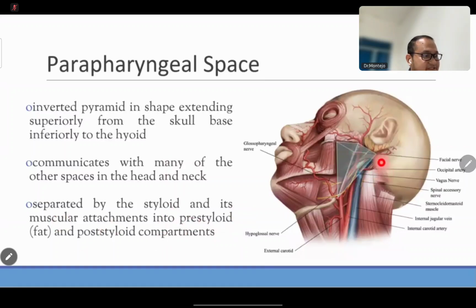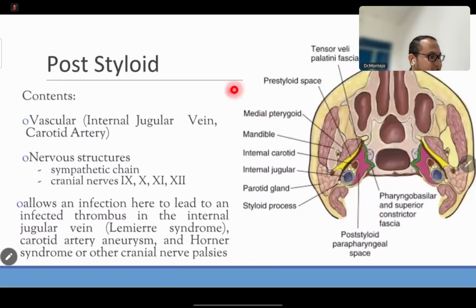So this space is along the territory of your facial nerve and also your skull base. It is important to know your post-styloid compartment because you have important structures within that space. One would be your vascular structures, the IJV and the carotid artery, and then your nervous structures, the sympathetic chain and cranial nerves 9 to 12.